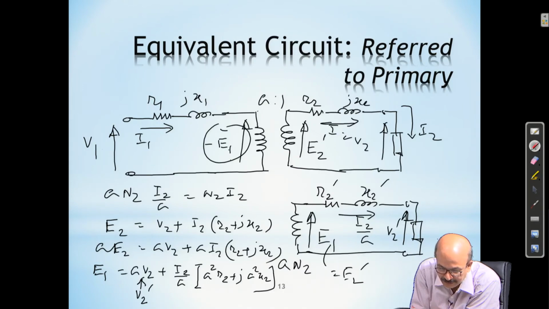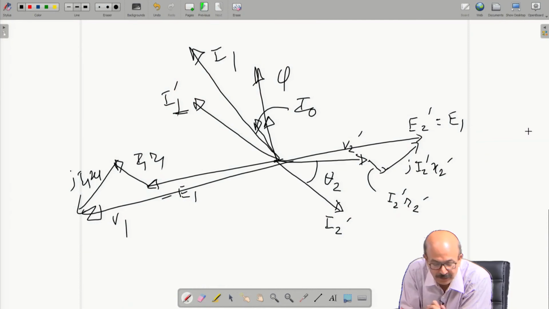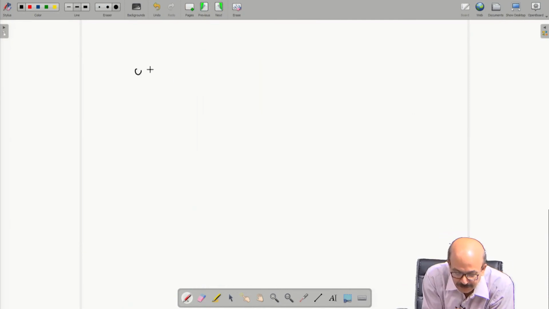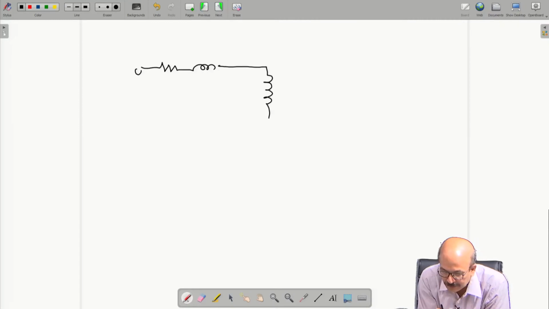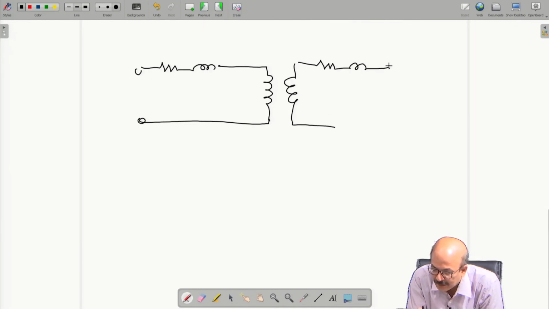If we now connect this one with this one and this one with this one, then what happens? We go to the next page. What we are trying to do is this: this is X1, so this is there, and then you have a load on this side. This is the situation.